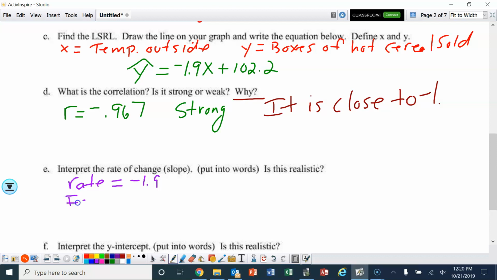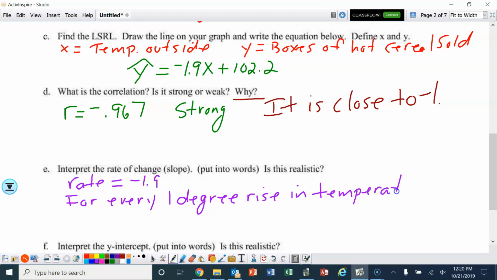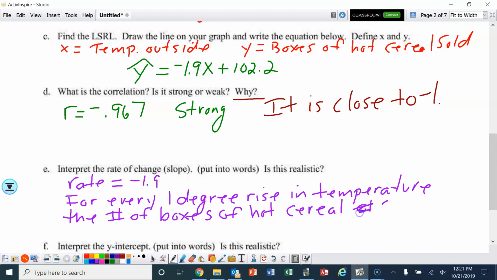So for every 1 degree rise in temperature, the number of boxes of hot cereal sold decreases, because it's negative, by approximately 2 boxes.